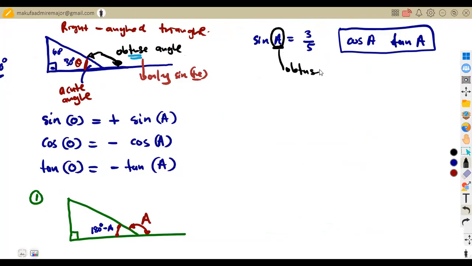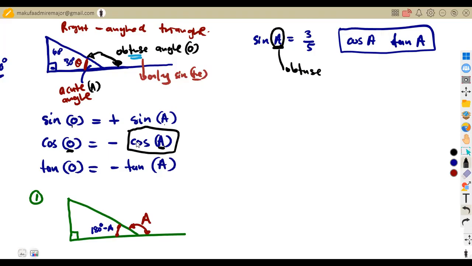So what you do is relate it back, because as long as I'm talking about an obtuse angle, it is related back to the cosine of the acute angle. Here A is the acute angle and the obtuse angle is our O. From the ratio of cos, it gives us the cos of the obtuse. From the ratio of the sine acute, it gives us the ratio of the sine obtuse.